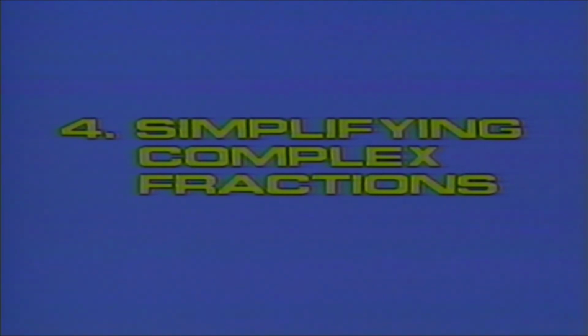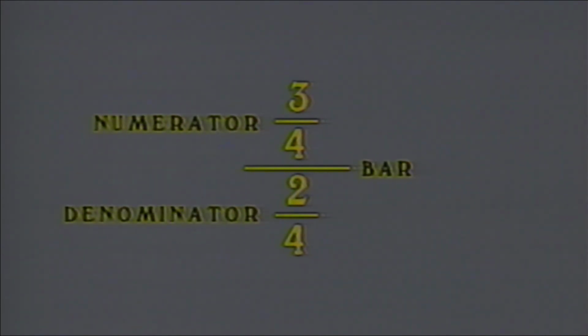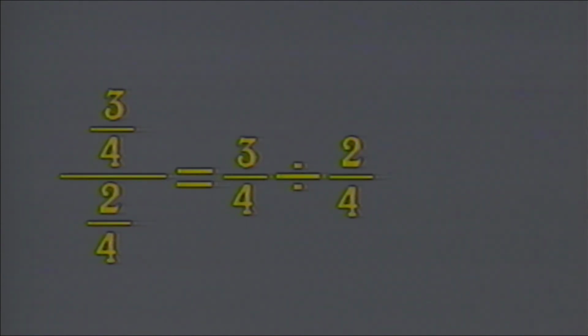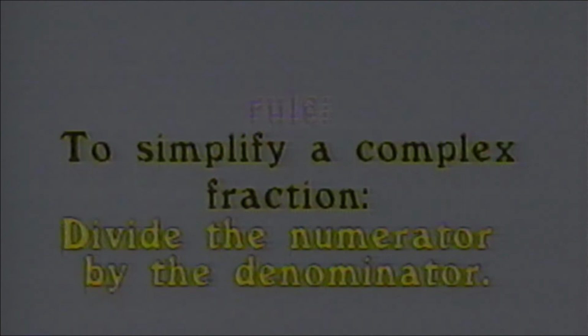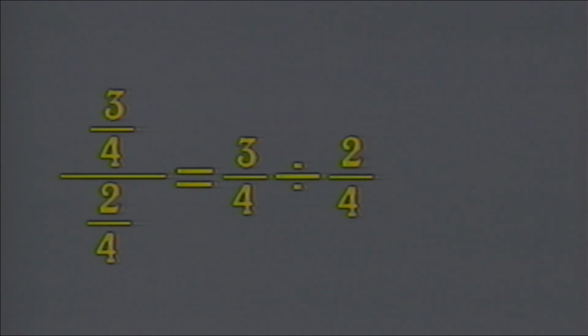Yes. Look at the complex fraction 3/4 over 2/4. The bar between the numerator and denominator indicates division. To simplify a complex fraction, divide the numerator by the denominator. So, we write the complex fraction of our problem as the division of 3/4 by 2/4.